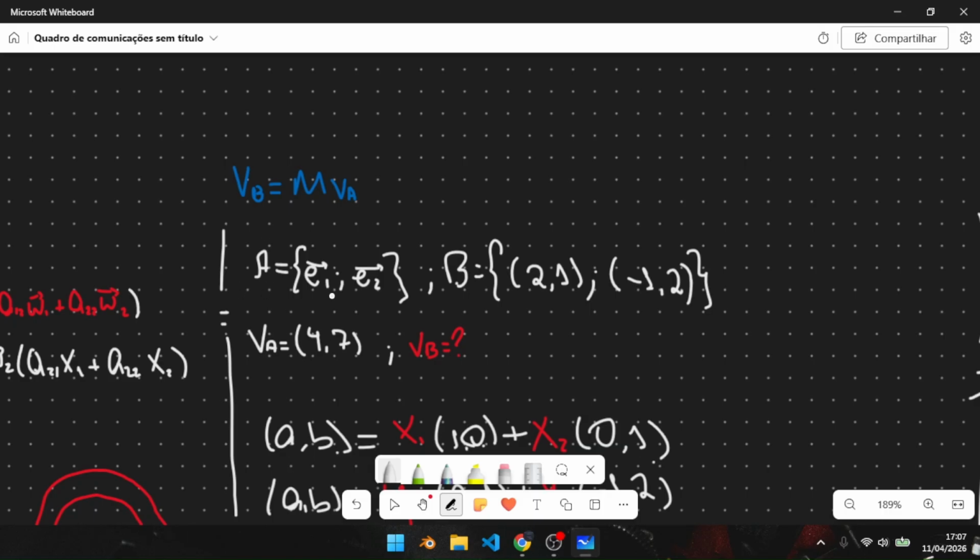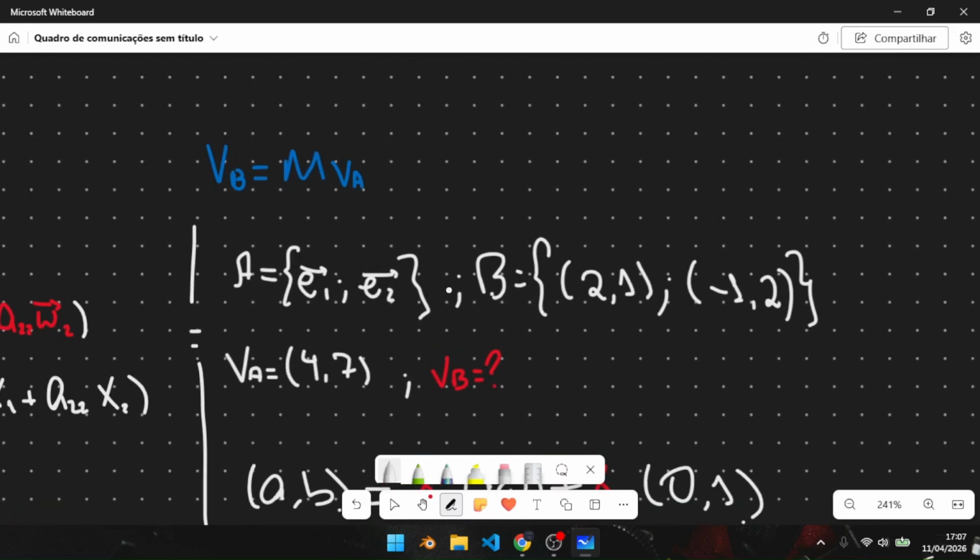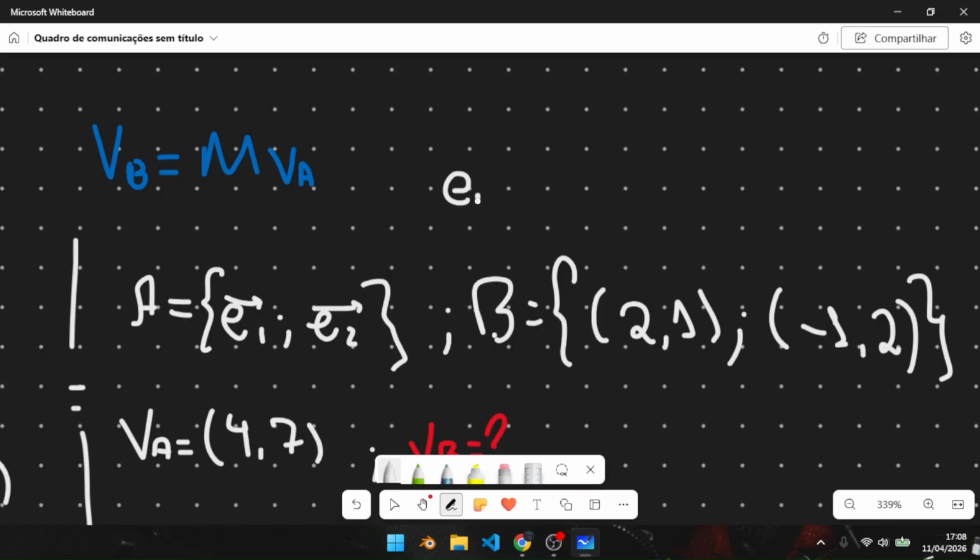So here I have two bases again. There are two sets of vectors, and they're both bases of R2. I haven't proved this one yet, but this one is just a fact because it's the canonical basis. E1 is 1 0, and E2 is 0 1.